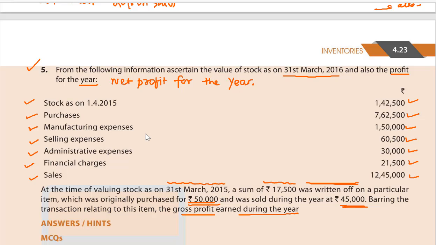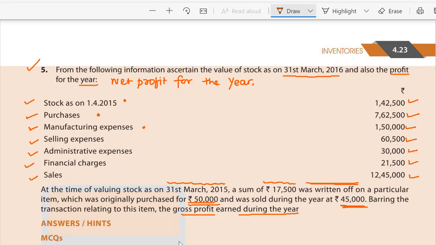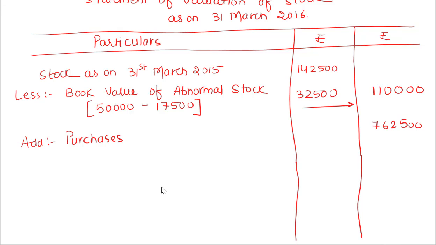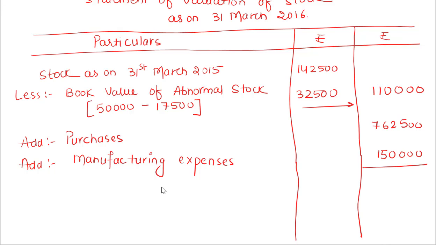The next point is manufacturing expenses, 1,50,000. Add manufacturing expenses, 1,50,000.